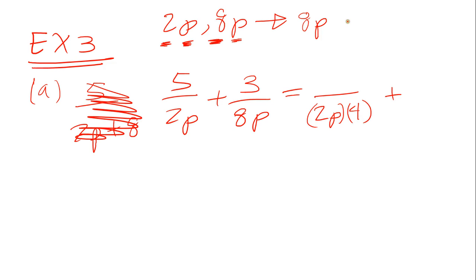About to sneeze. Okay. Guess it didn't really come. All right. So 3 over 8p. That didn't change, so nothing to worry about there. So we have 5 times 4. 4 divided by 4. Oh, that kind of defeats the purpose.